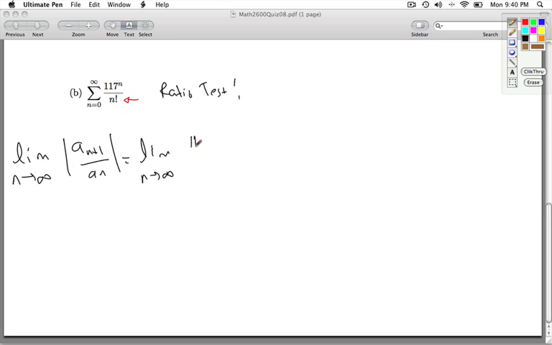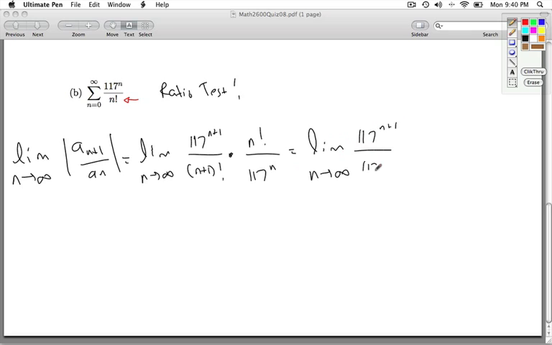So I get 1187 to the n plus 1 over n plus 1 factorial times n factorial over 1187 to the n. Limit as n goes to infinity. Let's get the 1187s together. And the factorials together.